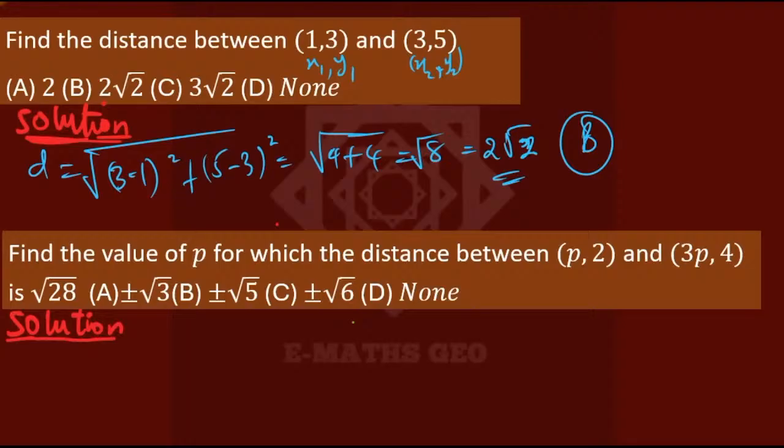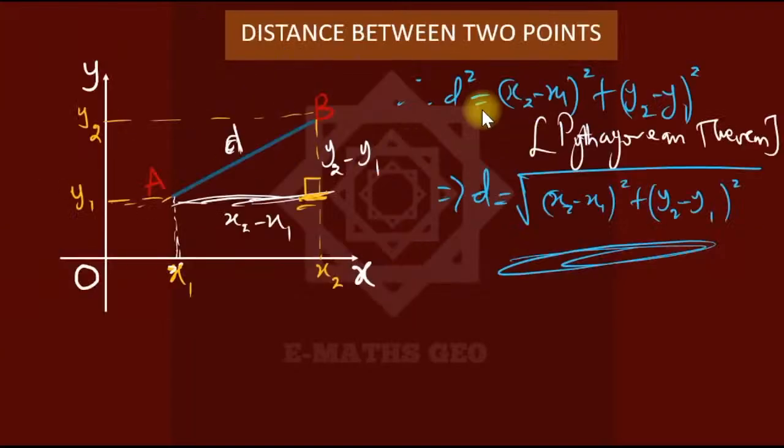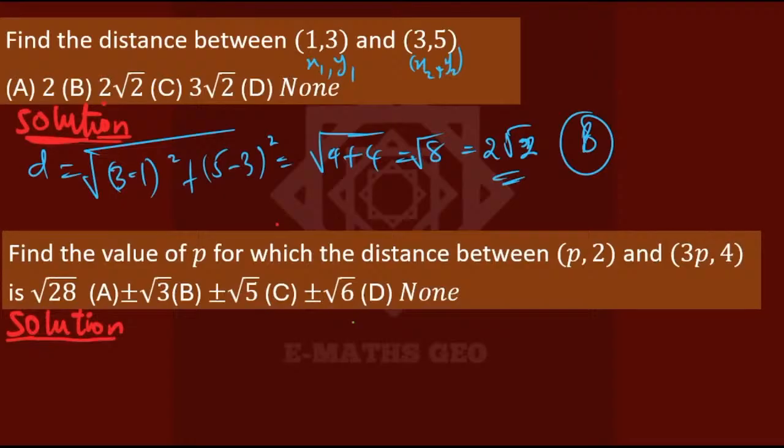Now the second question. We have to find the value of p for which the distance between these points is given. So we are given the distance now, and we have to find the value of p. So we'll be using the formula for D squared. Let's not waste time. So root 28 squared will be equal to, let the first be x1, y1, and this x2, y2.